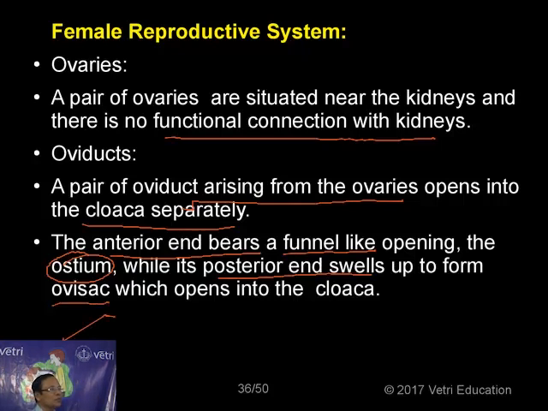So anteriorly it opens in the body cavity by means of a funnel-shaped opening called the ostium, and posteriorly it enlarges to form an ovisac before it opens into the cloaca. The egg released from the ovary is collected by the ostium, transported through the oviduct, stored for a short while in the ovisac, and then released into the cloaca, from where it is sent out for external fertilization.